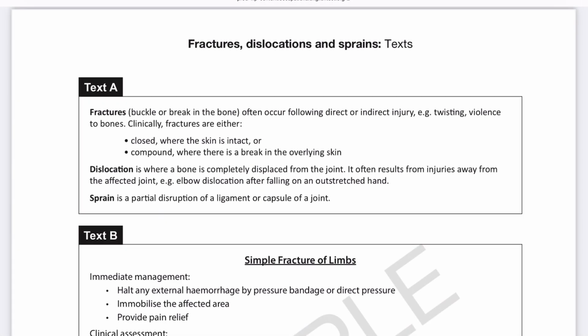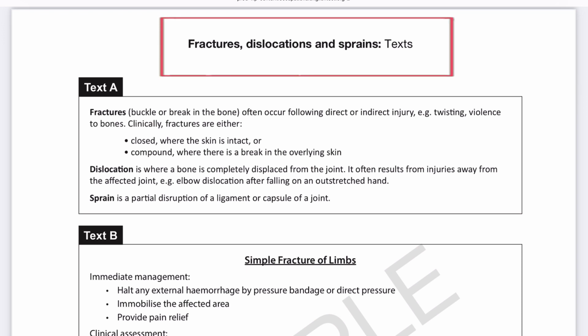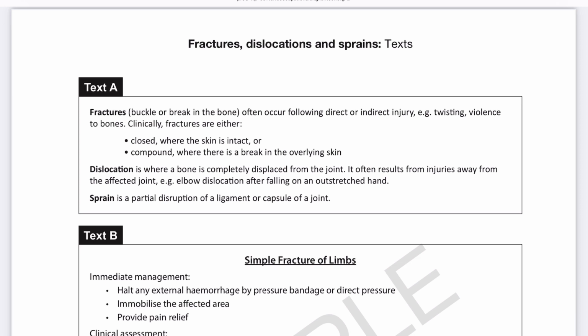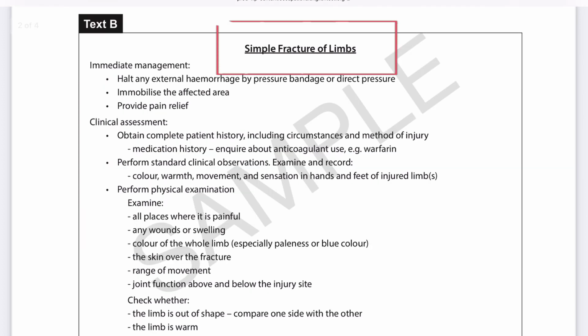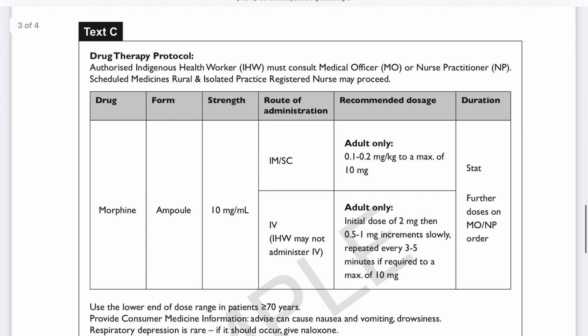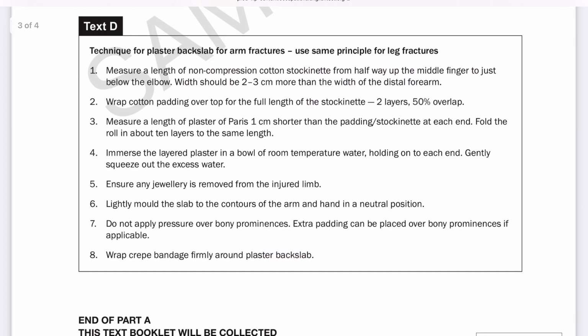So all 4 extracts are under one topic, which is in this case, fractures, dislocations, and sprains. Each extract has its own subject, like text A is about definition of terms, text B is simple fracture of limbs, text C is drug therapy protocol, and text D is about technique for plaster backslab for arm fractures.